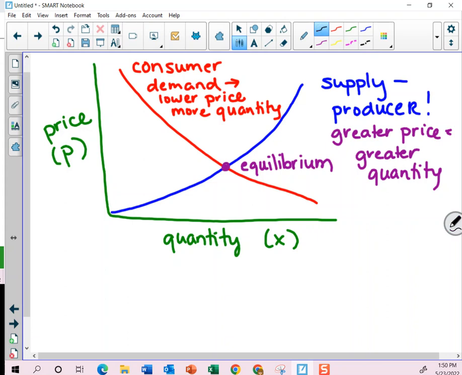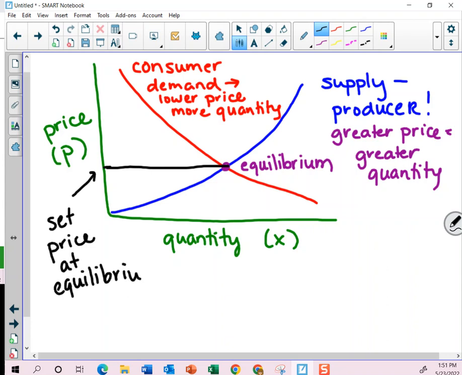If we set a price, and we draw a line for setting the price, and let's say we set the price right at equilibrium, then all of the space that's up here, and there are so many different ways to look at this graph and different areas that mean different things.